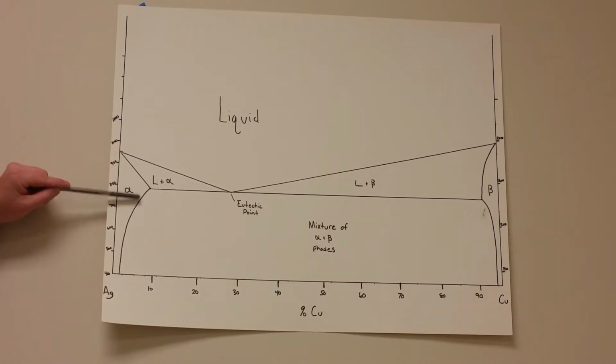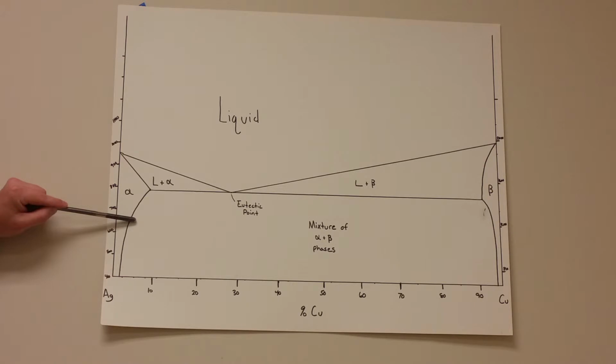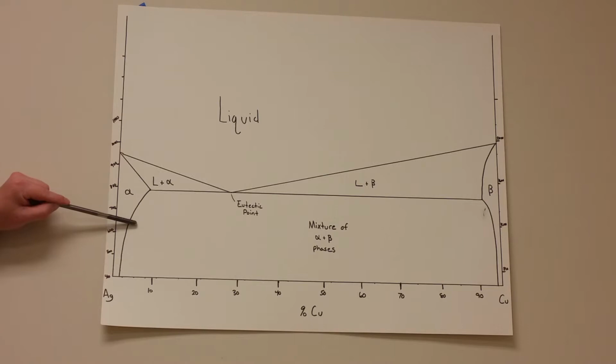So if I was to start right here at, let's say, about 5% of copper in this composition, and I reduce the temperature below this line, the copper has to precipitate out and form its own lattice. Above this line, at this temperature, the two can coexist together in the same lattice. But once it goes below the solvus line, the copper must precipitate out and form its own lattice.